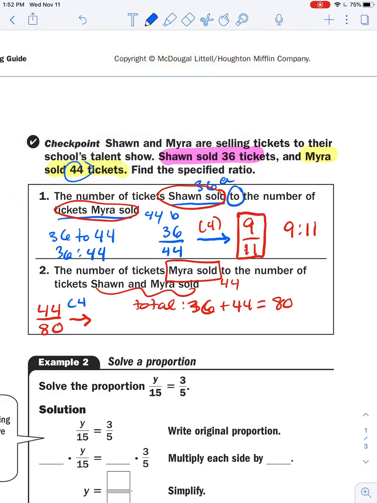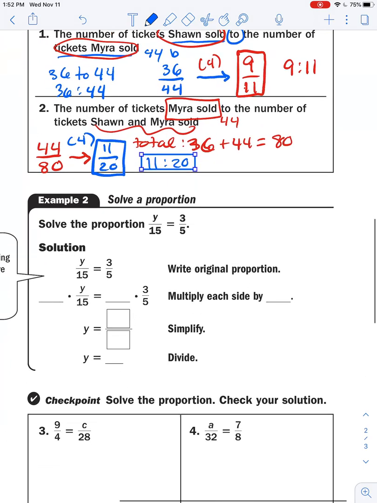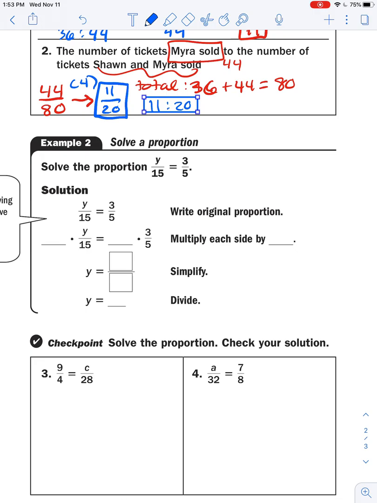You can probably tell by looking at that, even without your calculator, that 4 goes into both of those numbers. So 4 goes into 44 11 times, and it goes into 80 20 times. So my answer in simplified form, which I always have to use, is 11 to 20. You can write it like this, but most of the time we're just going to write it like a fraction format.